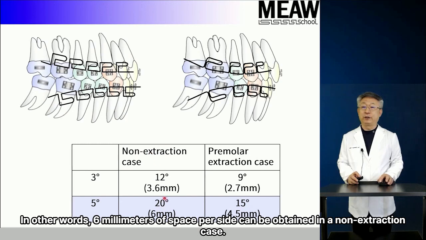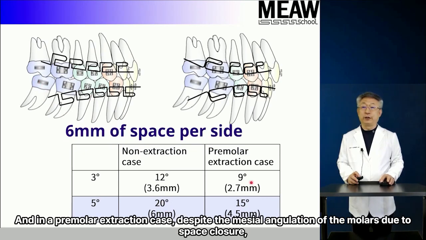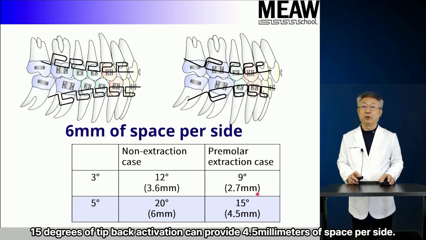In other words, 6 mm of space per side can be obtained in a non-extraction case. And in a premolar extraction case, despite the mesial angulation of the molars due to space closure, 15 degrees of tip-back activation can provide 4.5 mm of space per side.